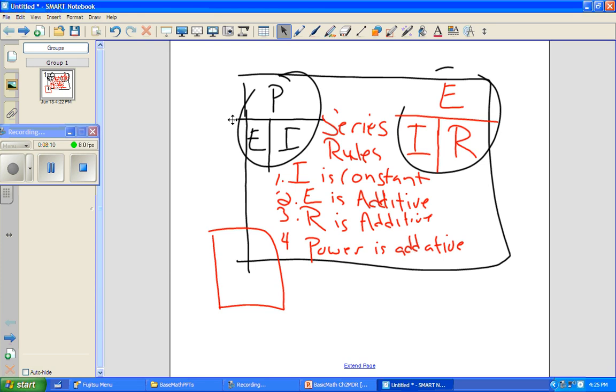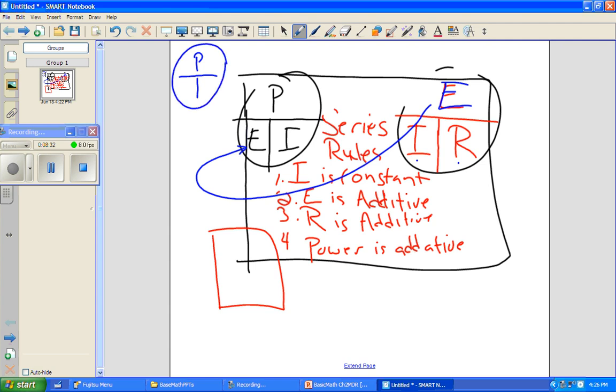We're going to take the E that's on the right side of this thing. We're going to plug it into the E that's over here. So we're going to get a new formula. E over here is I times R, right? Everybody agree to that? So we're going to get a new formula where P is I times R, and E is I times R, and I is still I. So we get a new formula.